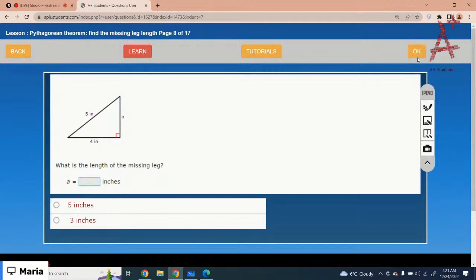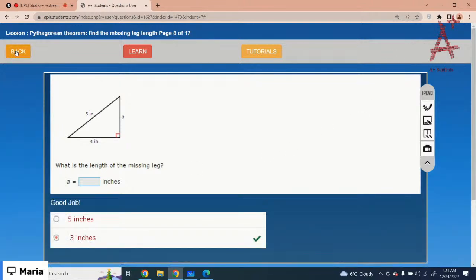So 25 minus 16 equals 9, the square root of which is, yes, 3 inches. Just select the correct option and click on the OK button. Okay, you can complete the test by yourself later today.